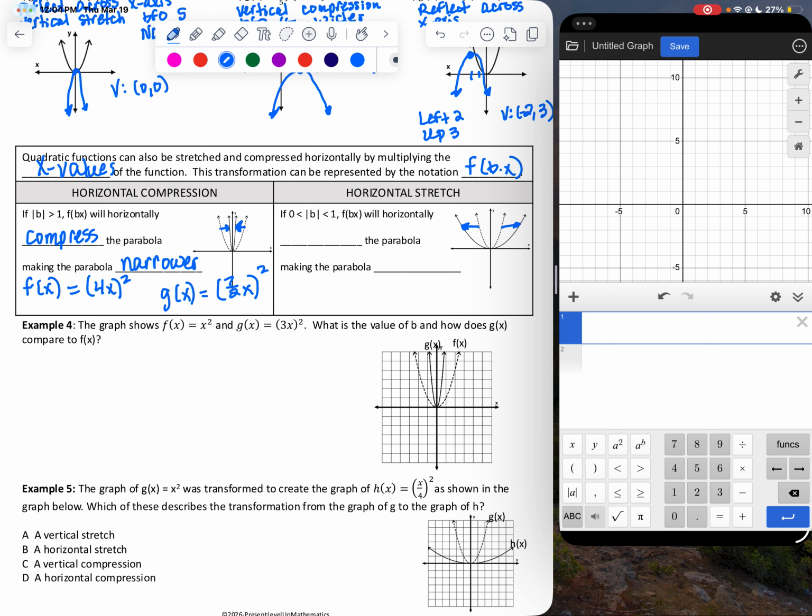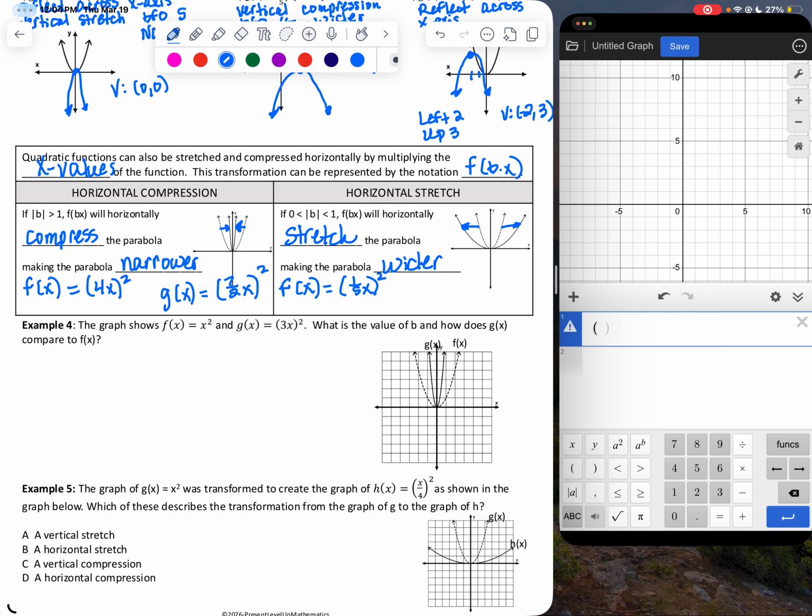So they will horizontally stretch the parabola, making the parabola appear wider. So for example, if you had f of x equals, I don't know, (1 over 5 x) squared. So 1 over 5 is bigger than 0 but smaller than 1. Let's look at what that would look like.